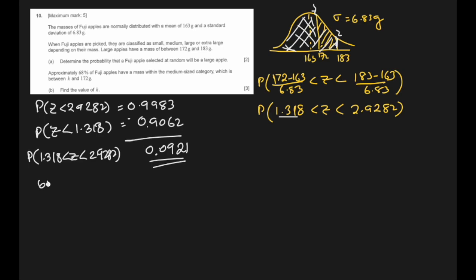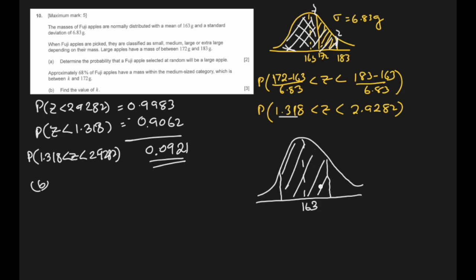B part. Approximately 68% of Fuji apples have a mass within the medium size category. 68%. Okay, so let's draw this again. 163. So 68 obviously will be somewhere here, and here we don't know these.